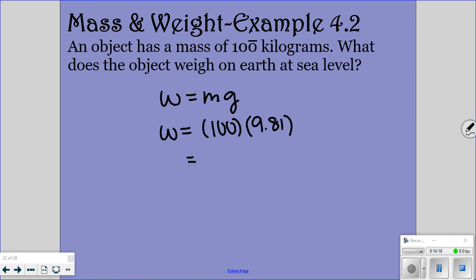And so if you multiply, you get 981. We have 3 sig figs on 9.81, and we have 3 sig figs on our 100. So that is 3 sig figs, 981, and then the units is newtons.